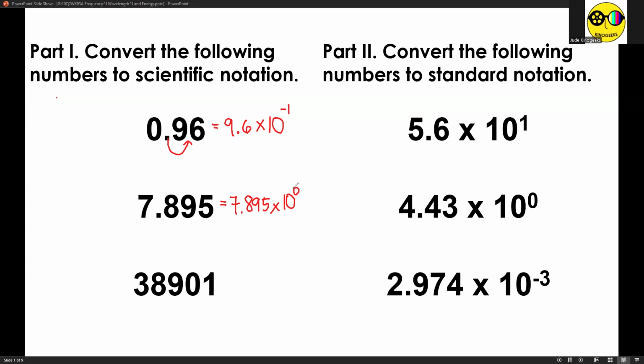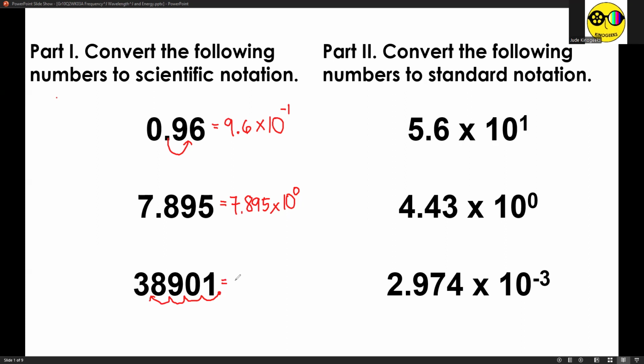Number 3, we have 38,901. 38,901 is a whole number, and it is implied that the decimal point is right after the last digit. Our goal is to move the decimal point after the first non-zero digit, which is between 3 and 8, and that takes 1, 2, 3, 4 decimal places to the left.